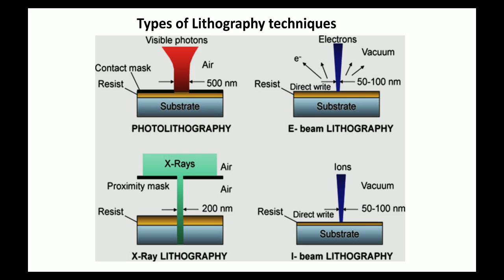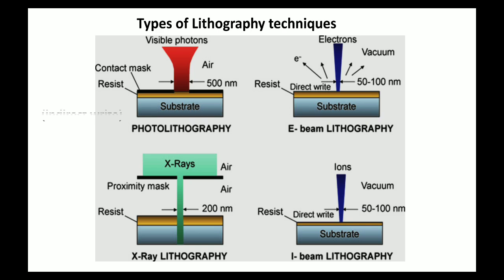and instead of electron beam we are using an ionic beam. Now, as we already discussed, there are two types of writing. One is direct writing, and the second one is indirect writing. Can you distinguish these techniques, whether it is direct or indirect writing? Yes, you can easily do it now.